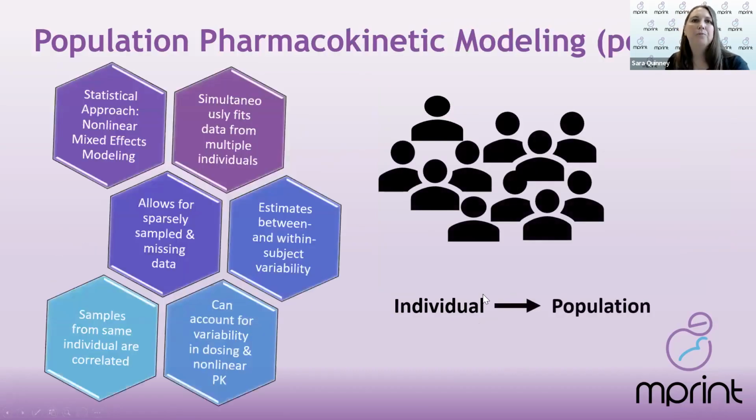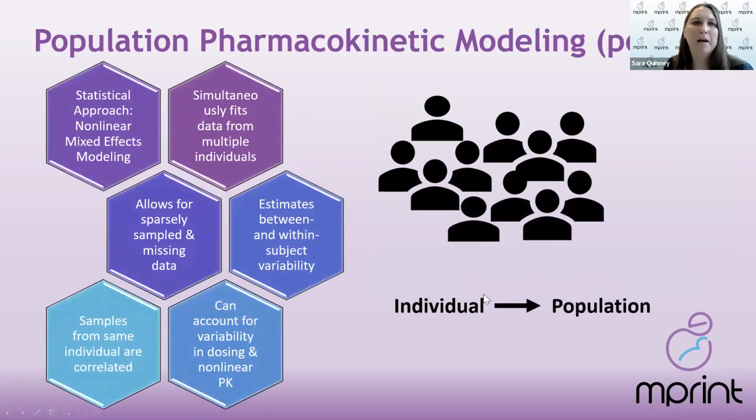So in order to capture that population variability, we can turn to a population pharmacokinetic modeling, or PopPK, approach. This approach uses a statistical method of nonlinear mixed effects modeling to simultaneously fit data from multiple individuals to estimate between and within subject variability.